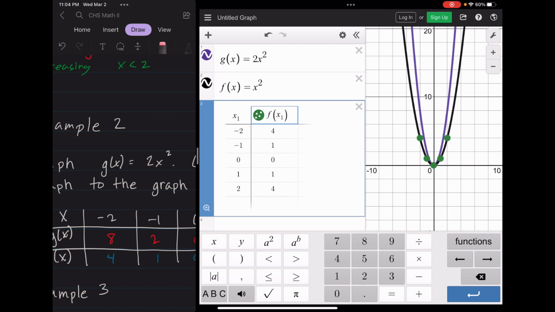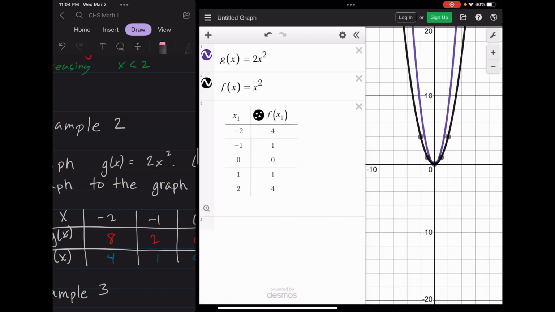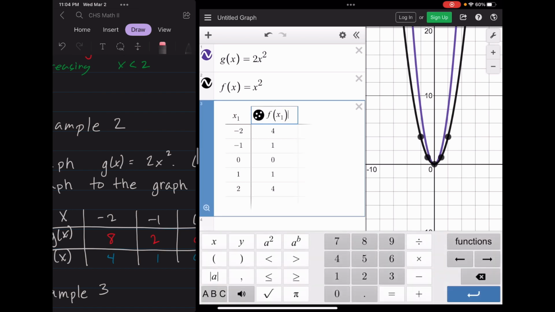It's going to plug in the negative 2 into our function and pop out our result, and it'll graph the point for us. Let's change the color so it's the same, and make these points a little smaller. We'll go 0.5. Okay, perfect.